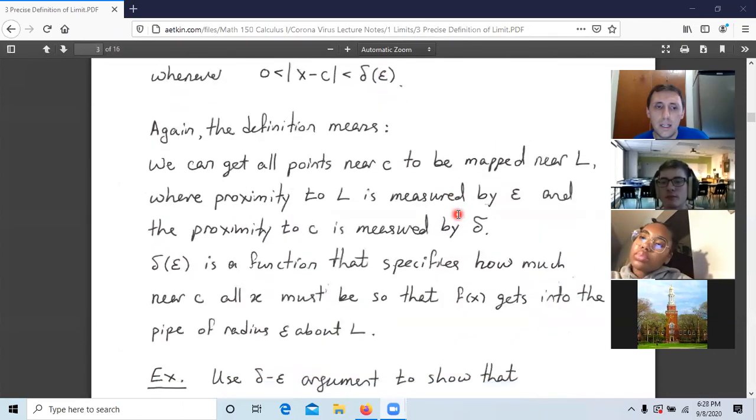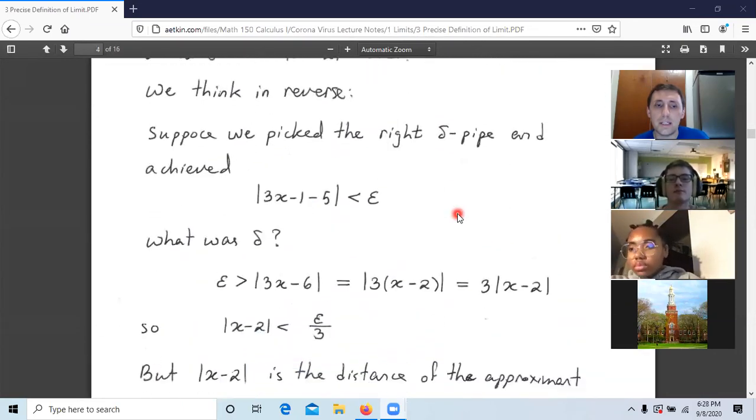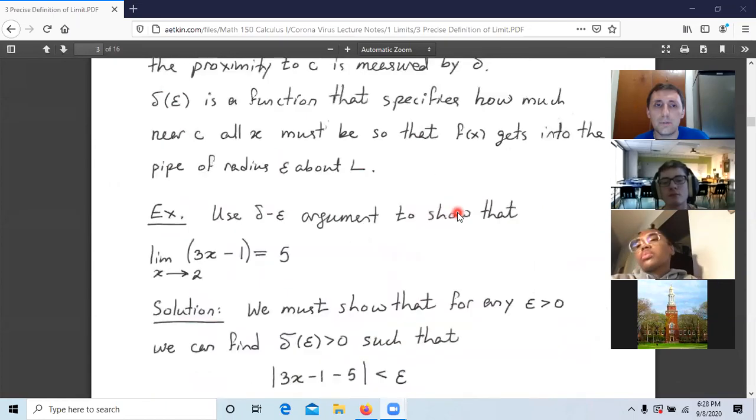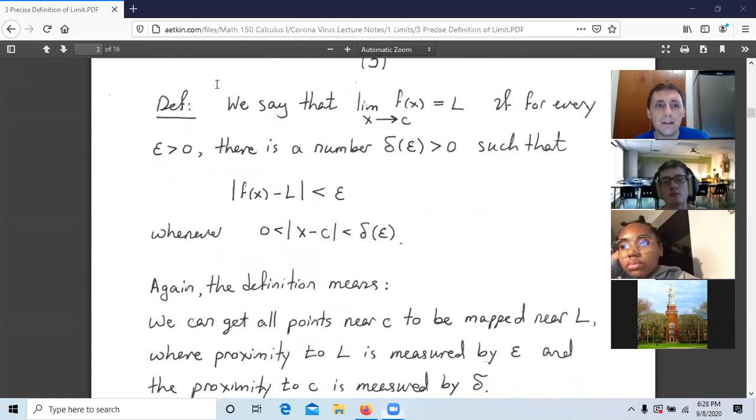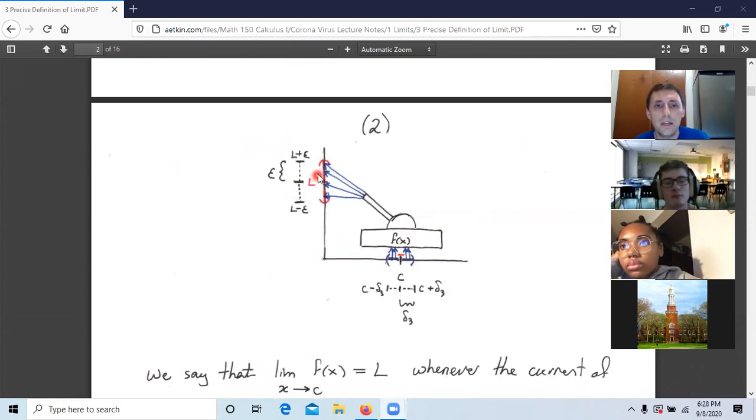What is L-like? L-like numbers just means that the values that I obtain are within a particular pipe, right? So L-like is a very subjective thing. If your calculator can calculate numbers maybe up to 8 digits, if it's a scientific calculator, correct, then your epsilon will be maybe 1 over 10 to the power of 8, a small number, right?